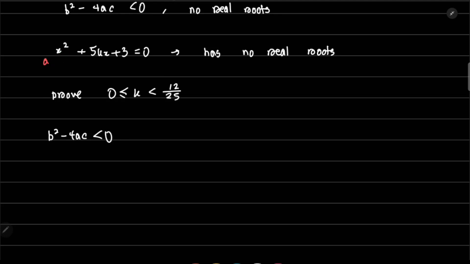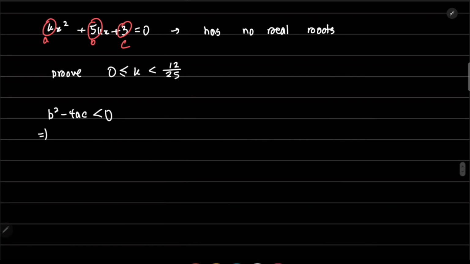k is equal to a, 5k is equal to b, and 3 is equal to c. So I'll get (5k) whole squared minus 4 times k times 3 less than 0. 25k squared minus 12k is less than 0.